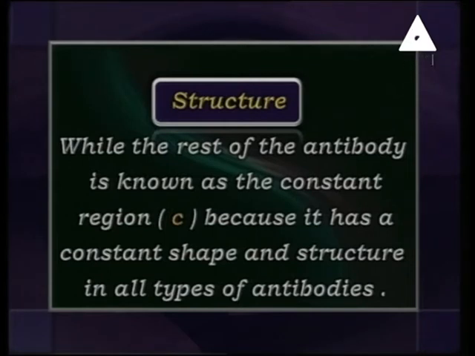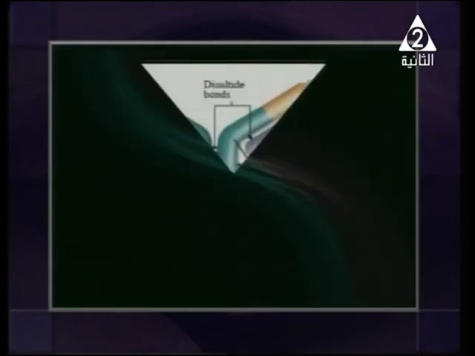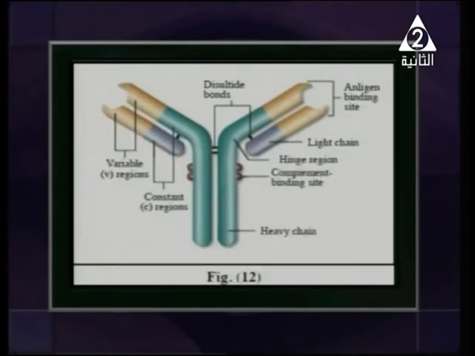We have here a picture to show us the shape of the antibody. As we said, it looks like a Y shape, and it has two chains, one heavy and the other light. The four chains are joined together by disulfide bonds.